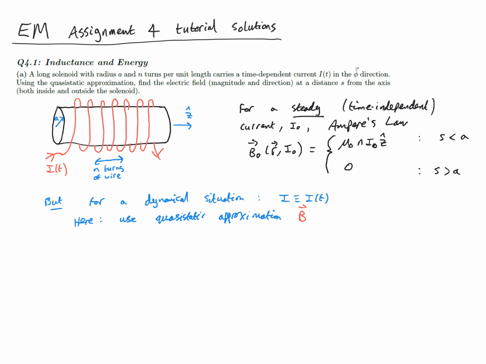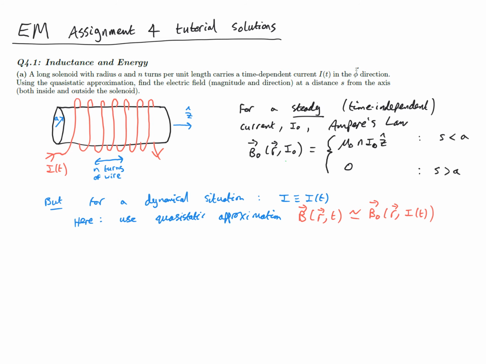It's that the magnetic field B at a position r and at a time t is approximately equal to the B naught that we've just calculated in the steady or time-independent current case at position r, but instead of evaluated at constant current I naught, we take it to be at the time-varying current I of t.